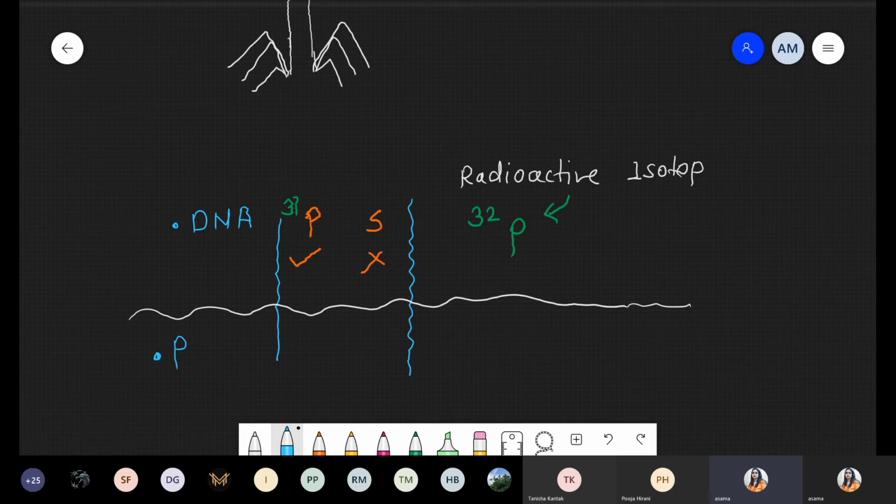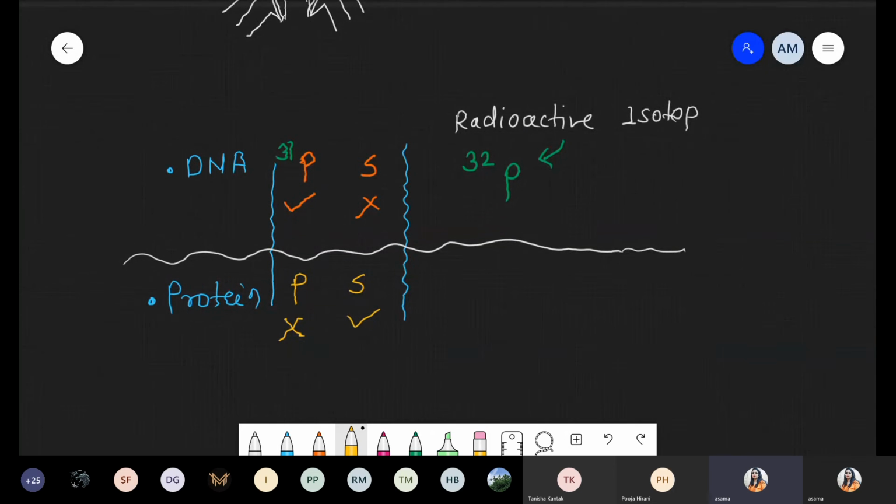Now, the second part of that bacteriophage is protein, because, as we just discussed, bacteriophage consists of DNA and protein. So inside this protein, what will be the scenario? Inside this protein, the phosphate group is totally absent. So I'm giving just a cross. Phosphate group is absent. And which group is present?